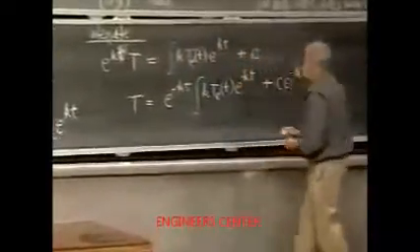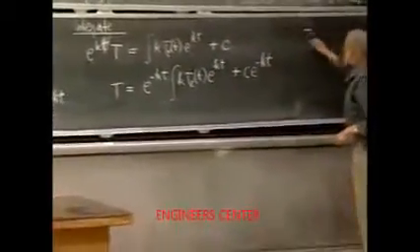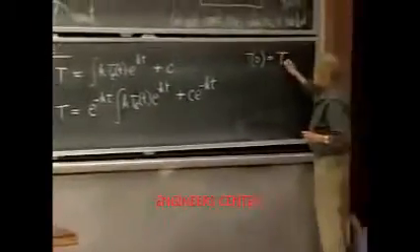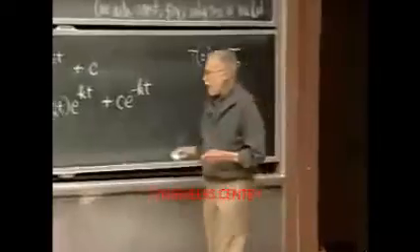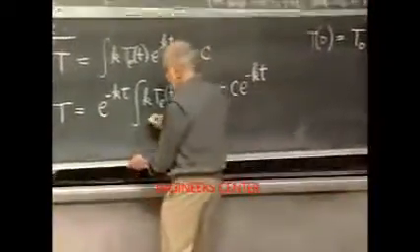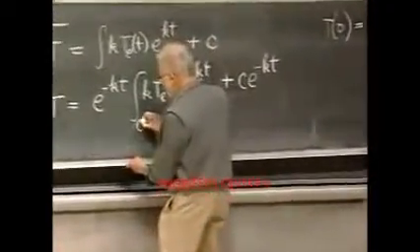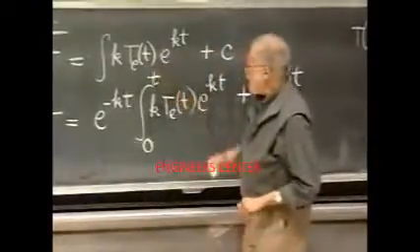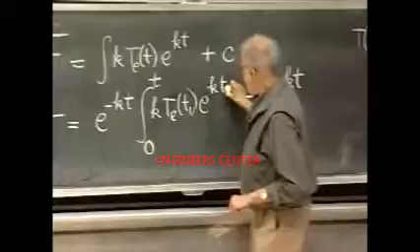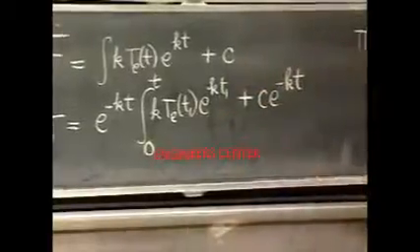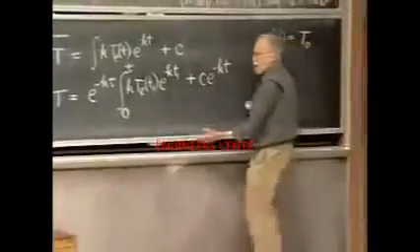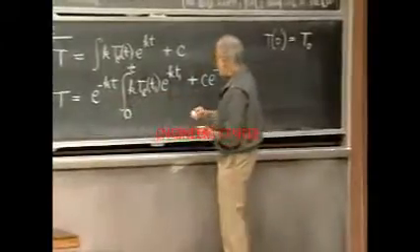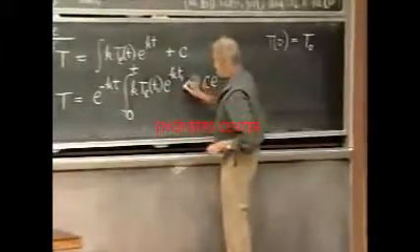If there's an initial condition saying that the internal temperature at time 0 is some given value, what they like to do is make this thing definite by integrating here from 0 to t and making this a dummy variable. You see what that does is it gives you a particular function. I'm sorry, I didn't put in the dt.